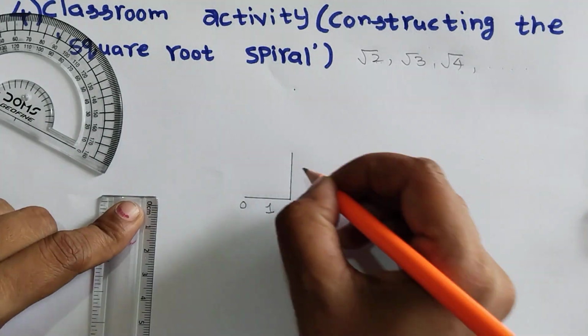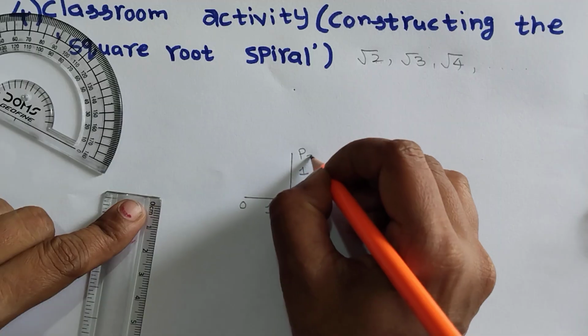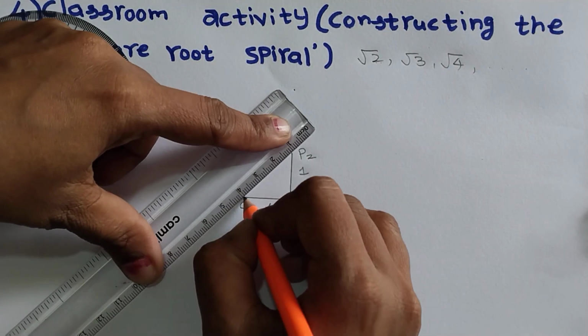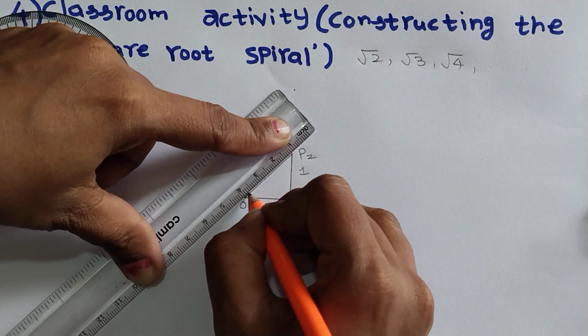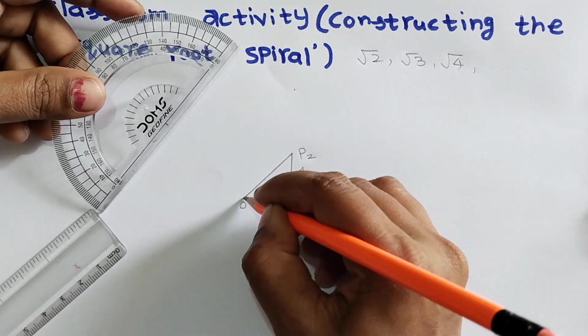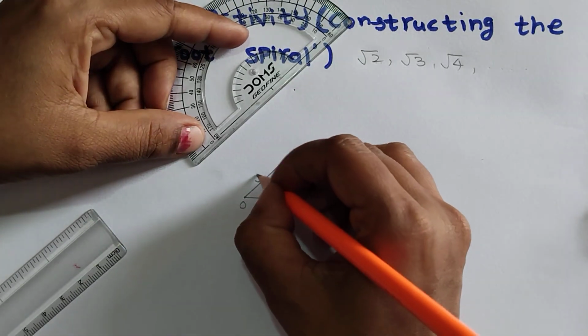There is 1 unit and 1 unit. This will be our P2. Join OP2. Now this hypotenuse OP2 is our root 2.